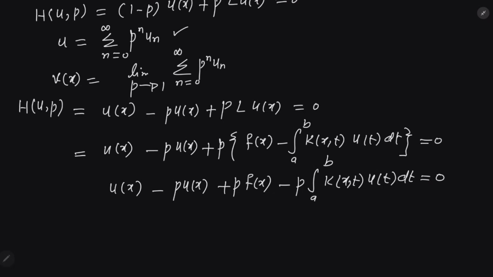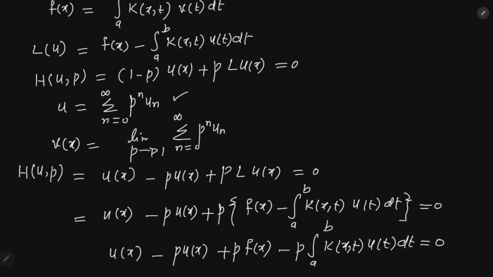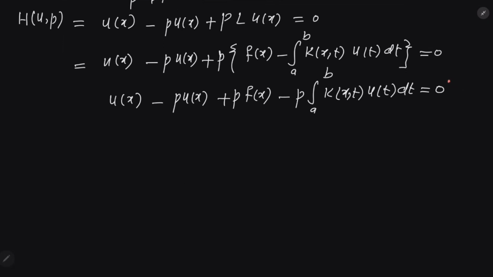So what we do, we put our solution, that is the solution with parameter p, into that equation. Maybe I have to put u(x) two times.